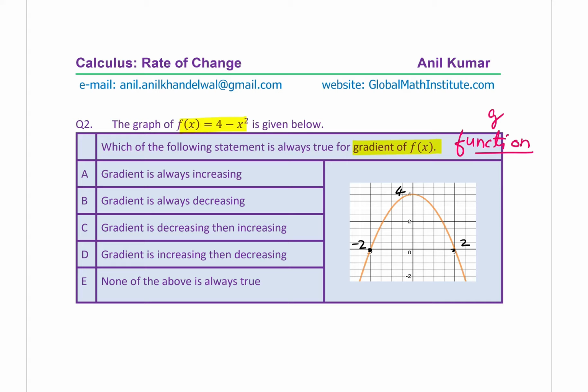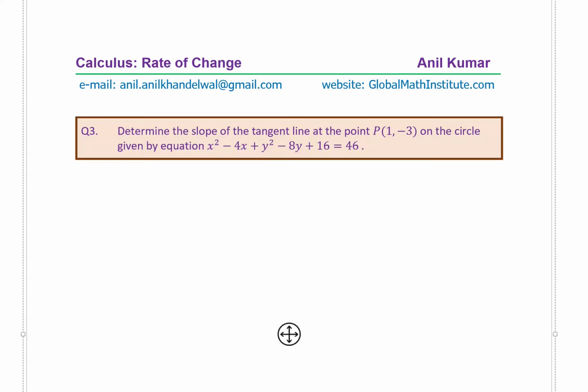Now let's look into question number 3, which is a very interesting question once again. Determine the slope of the tangent line at the point P (1, -3) on the circle given by the equation x squared minus 4x plus y squared minus 8y plus 16 equals 46. Let me write down this equation clearly for you right here.